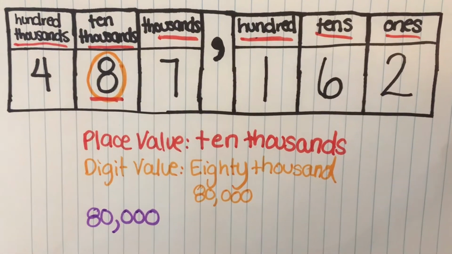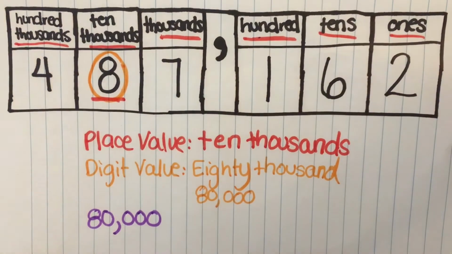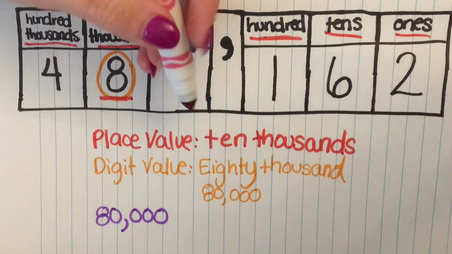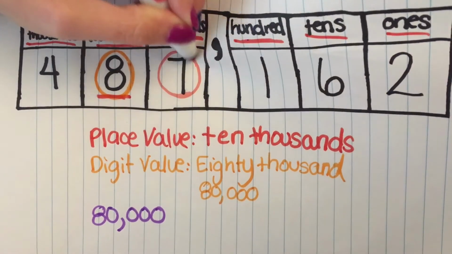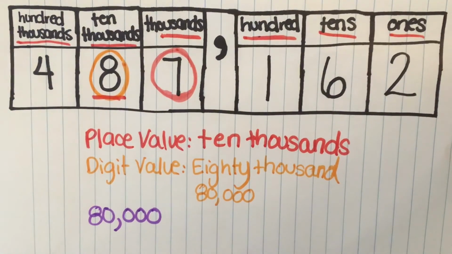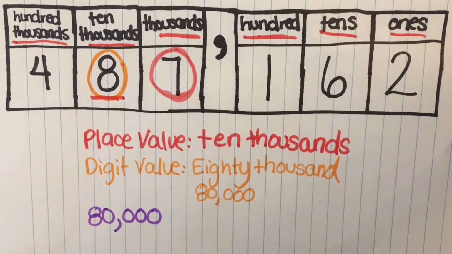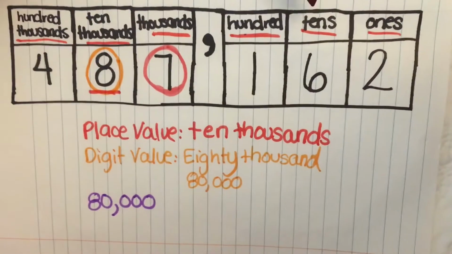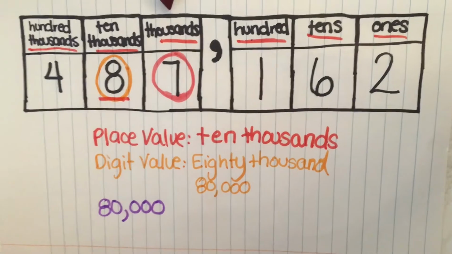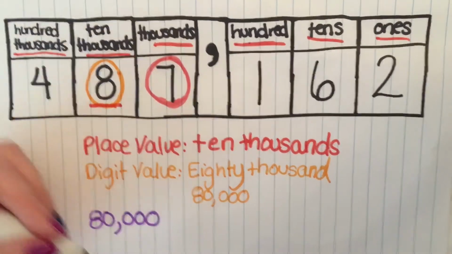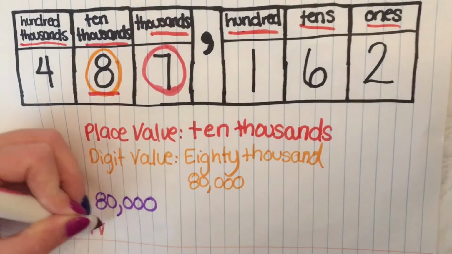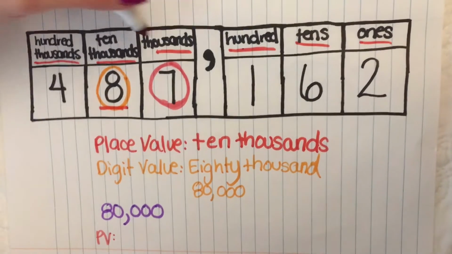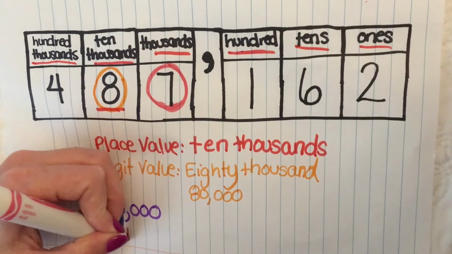So if we examine the digit 7, and we ask what is the place value, we would say, oh, it's in the ones, tens, hundreds, thousands. So the place value, at this point I'll put PV, is thousands.